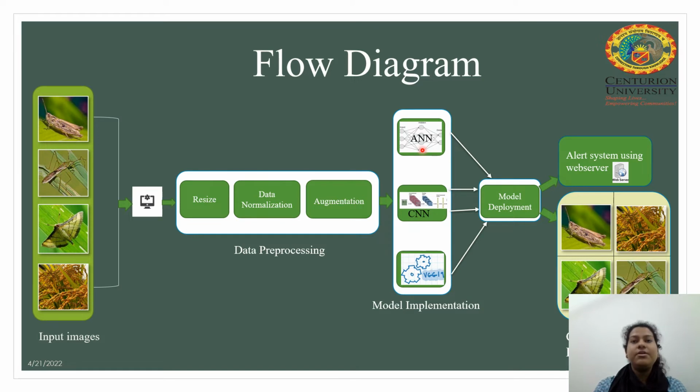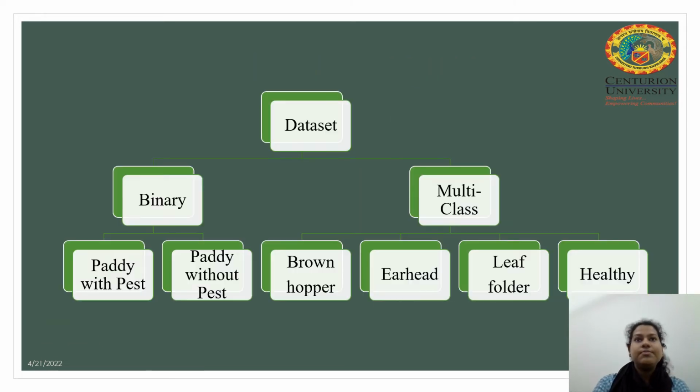Here we are doing ANN, that is artificial neural network, convolutional neural network CNN, and VGG19. Then model deployment will be performed, which will generate an alert system using a web server, and it will classify the input image as what kind of image it is.